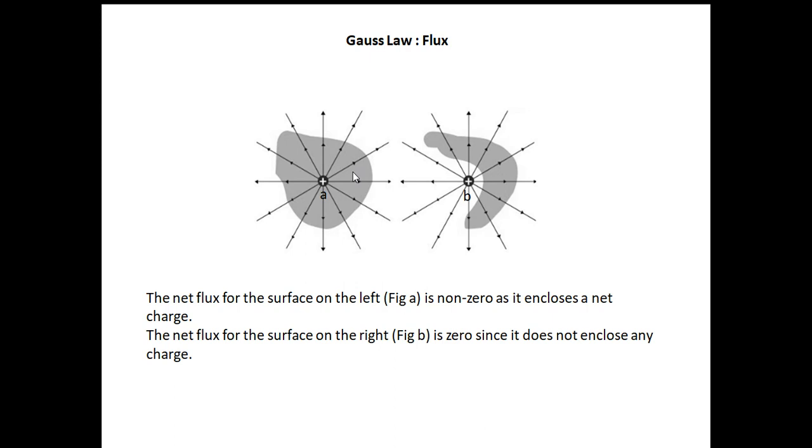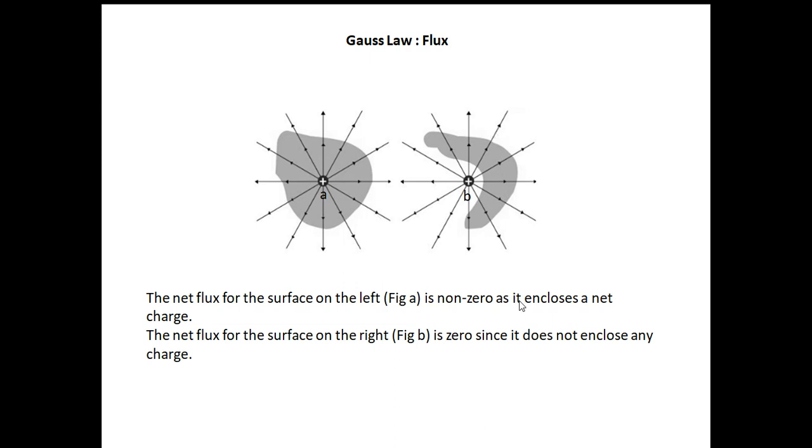It is very important in electrostatics to understand the type of the boundary. In this particular image, you will see the charge is enclosed, and this is the boundary, and this is closed. So there will be a net flux flowing out of the surface.